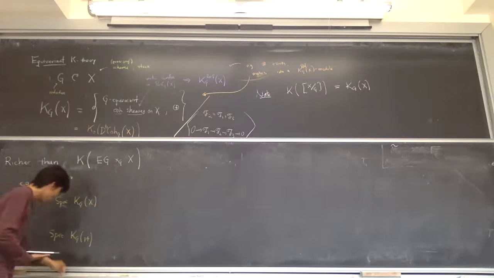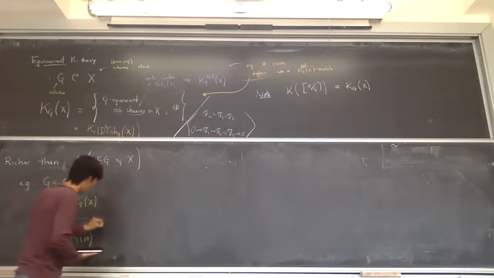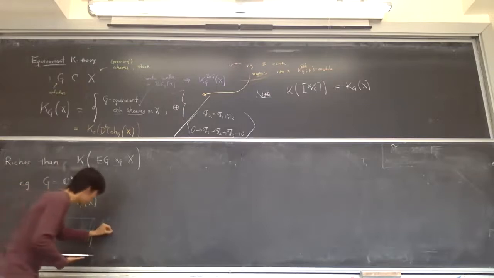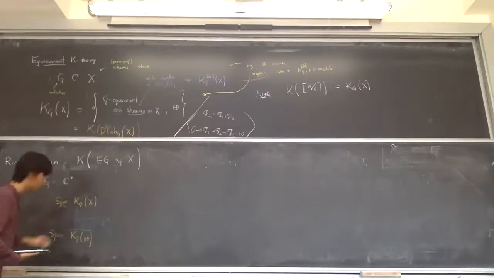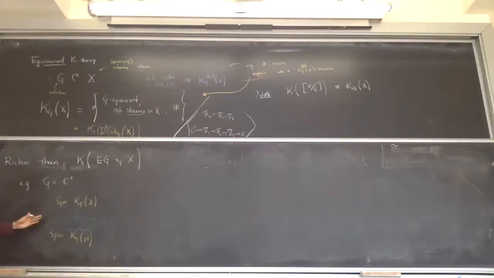And what's this going to look like? The underlying space will look like some C star. In fact, it'll be exactly this group G. And Spec of KG of X will be something which sits on top of this C star. And this is in line with viewing K-theory as some kind of thing associated to the multiplicative group, because you can do the exact same thing with equivariant cohomology and elliptic cohomology.